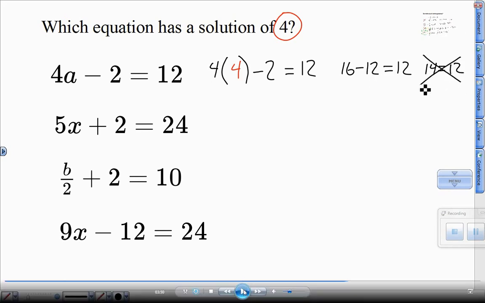So that is a false statement. Again, make sure that's 16 minus 2. I'm not sure why I put 12 right there. But 16 minus 2 gives you 14, which is a false statement. That one is not a good choice.